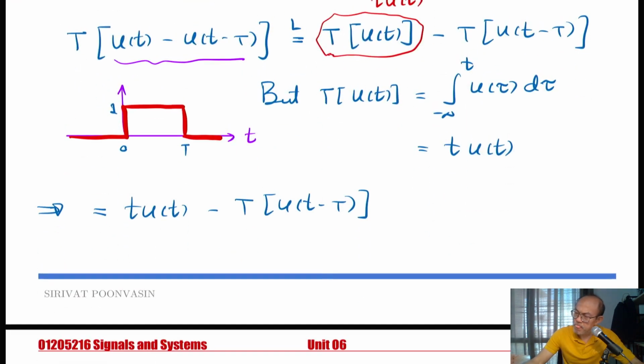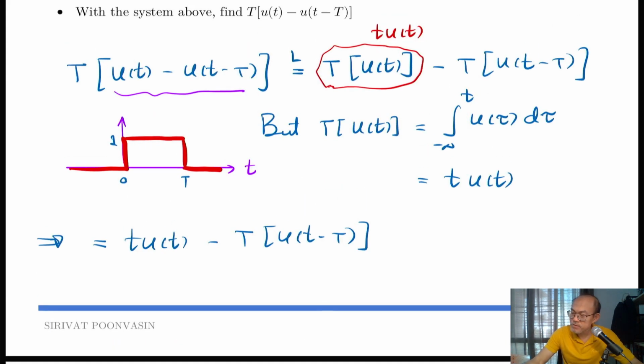But this is the input applied some time later, and because the system is time invariant, the output has to be the output of this one applied at the same time later.